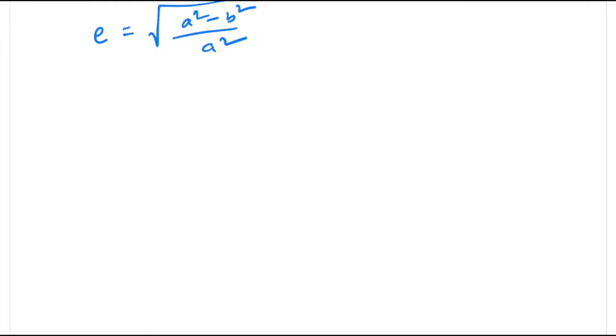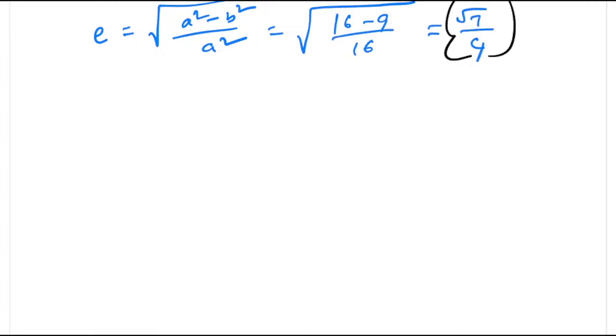Put all those values: 16 minus 9 by 16, nothing but root 7 by 4. That is called eccentricity.